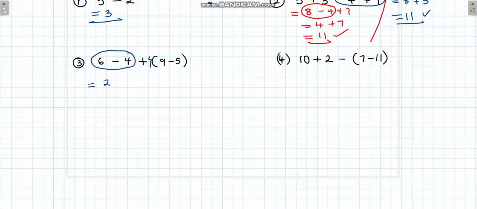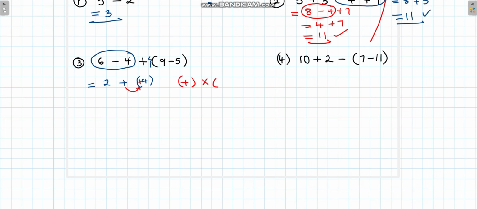Now let's check. What is 6 minus 4? 6 minus 4 is 2 plus. What is 9 minus 5? 9 minus 5 is 4. Okay. So now let's check. What is the sign of this 4? This 4 is positive. So now we need this law, a positive times a positive from our integers.